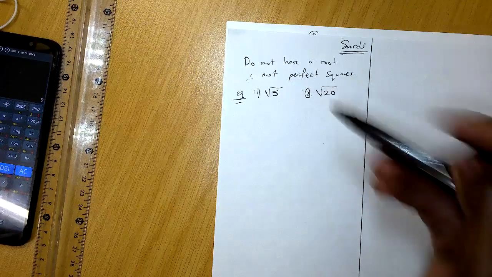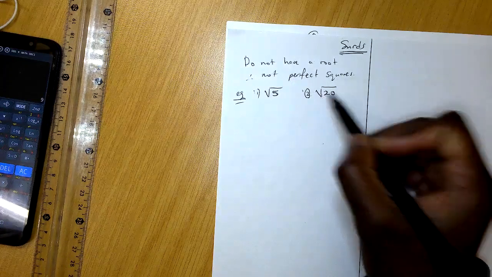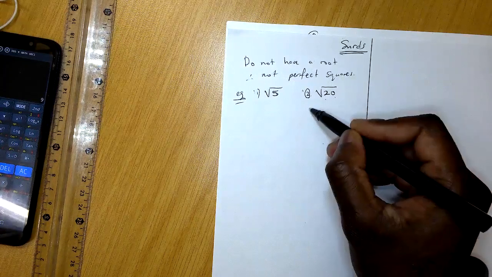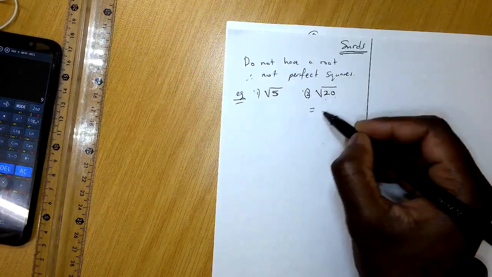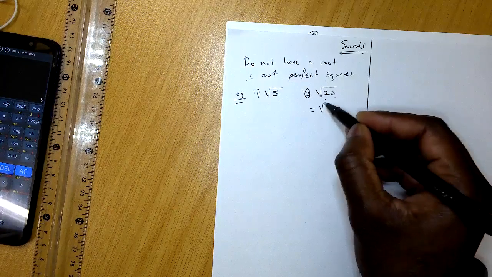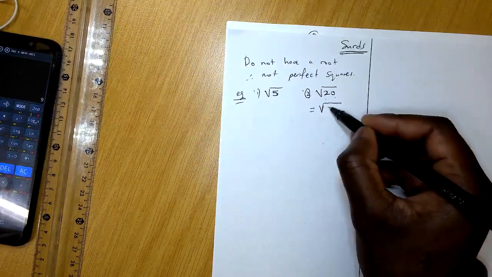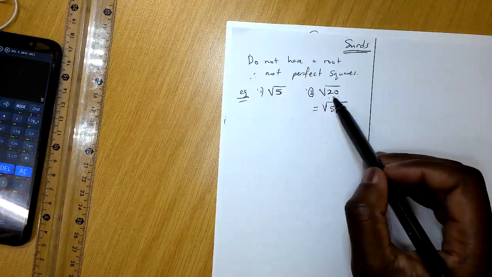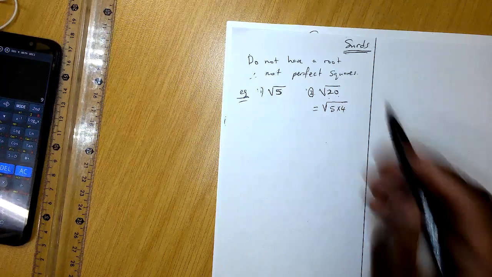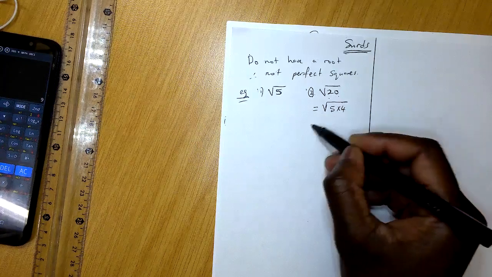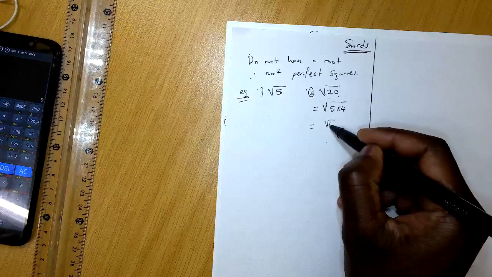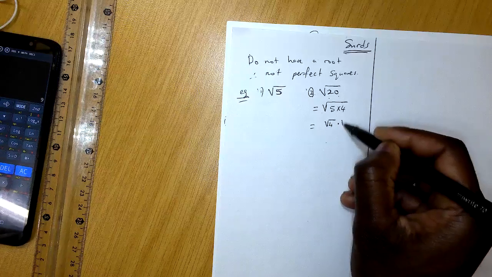So it's like this one. If I'm asked to leave this in surd form, I'm going to say this one is equal to root of 5 times 4, because I know that 20 is equal to 5 times 4. But now understand something here. When you're multiplying something like this, it's going to be root 4 times root 5.